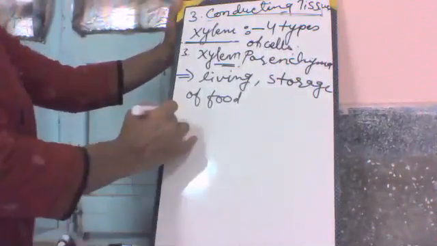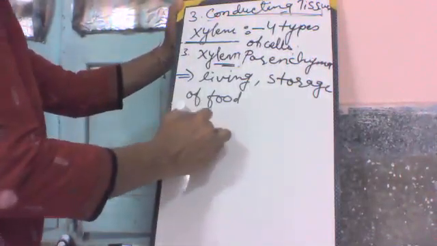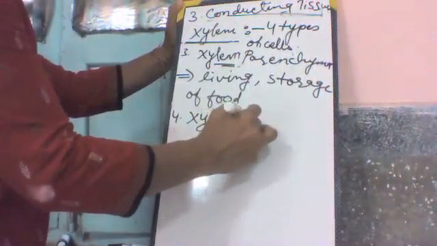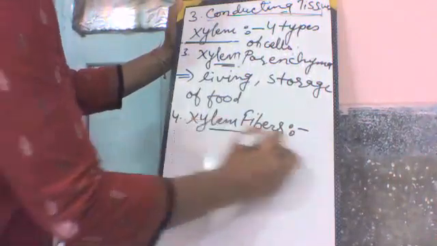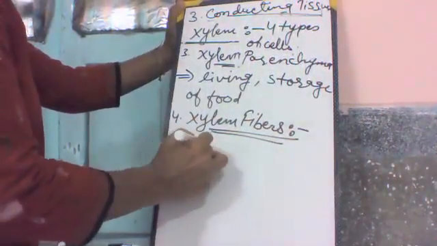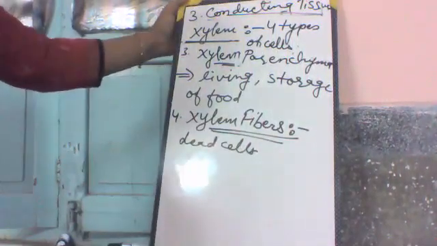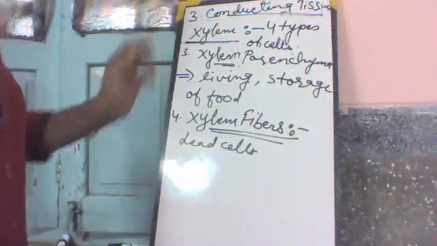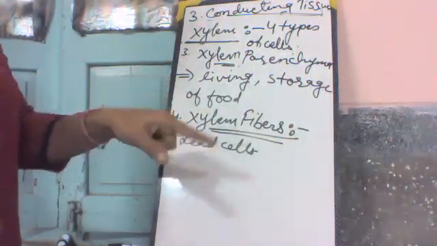One more cell, and last, is xylem fibers. These cells are dead in nature. They are also known as xylem sclerenchyma.